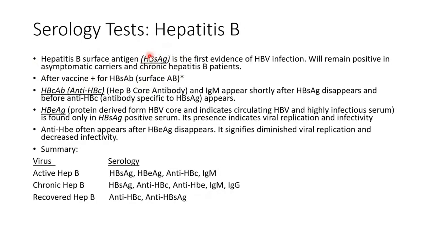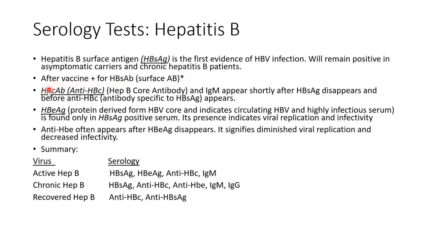The hepatitis B vaccine is made up mostly of HBsAg. So you build an antibody to it and it becomes positive. That's how we know somebody is immune to hepatitis B, because their hepatitis B surface antibody is positive. Got to know that.